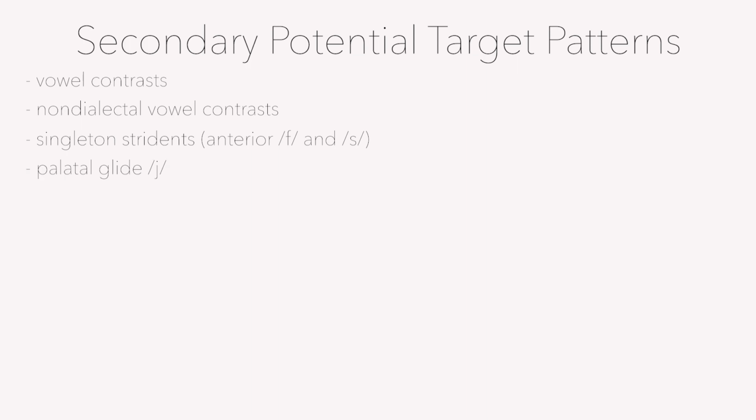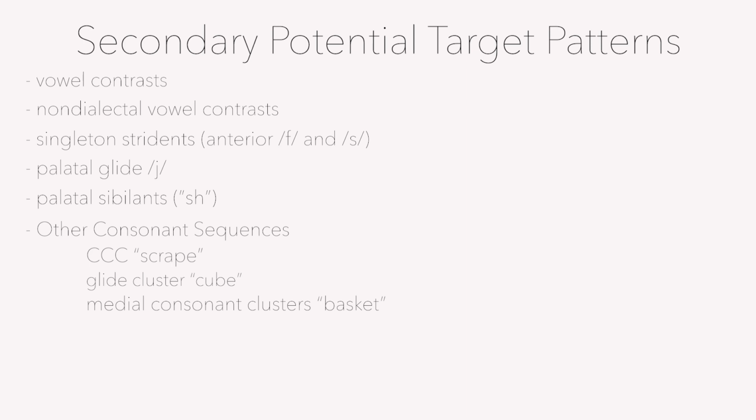The secondary potential targets include vowel contrasts, non-dialectal vowel contrasts, singleton stridents, which are anterior F and S, palatal glide, palatal sibilants, other consonant sequences like consonant, consonant, consonant clusters as in the word scrape, or glide clusters as in the word cube, or medial consonant clusters like in the word basket, medial k, post-vocalic and syllabic R, and assimilations.